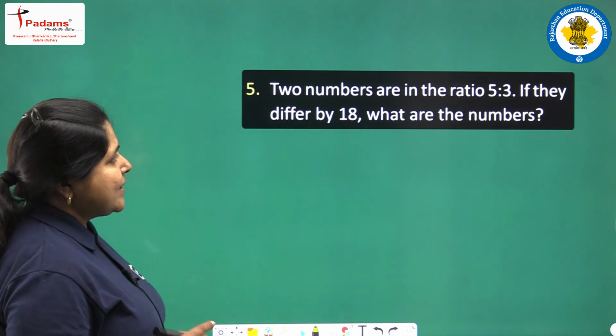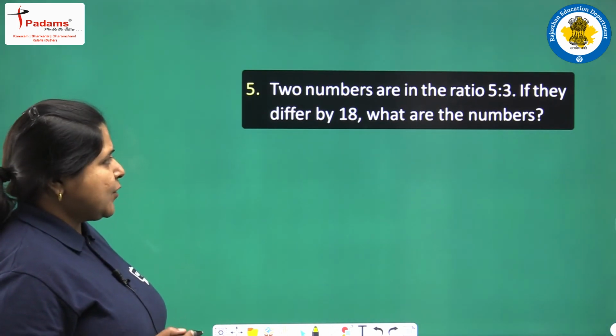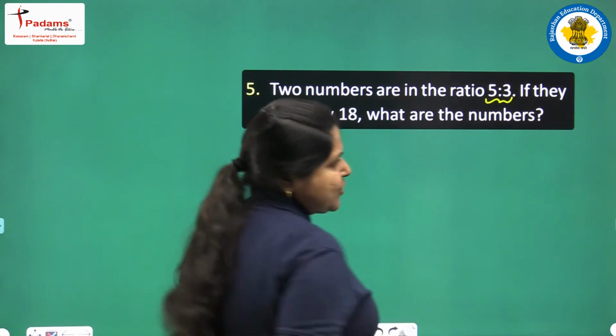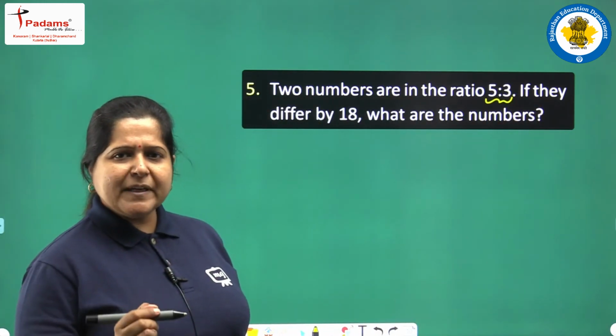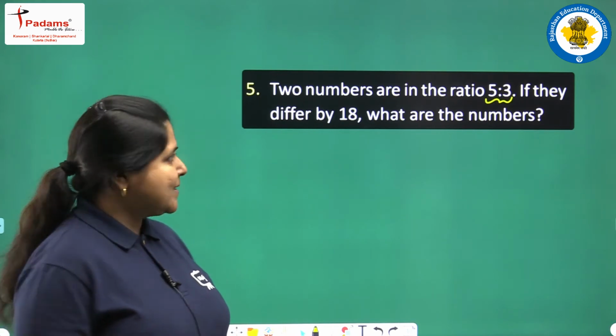Two numbers are in the ratio 5:3. If they differ by 18, what are the numbers? I told you earlier also, this ratio is very helpful to us. Simply multiply both of them by x and we will get the numbers.